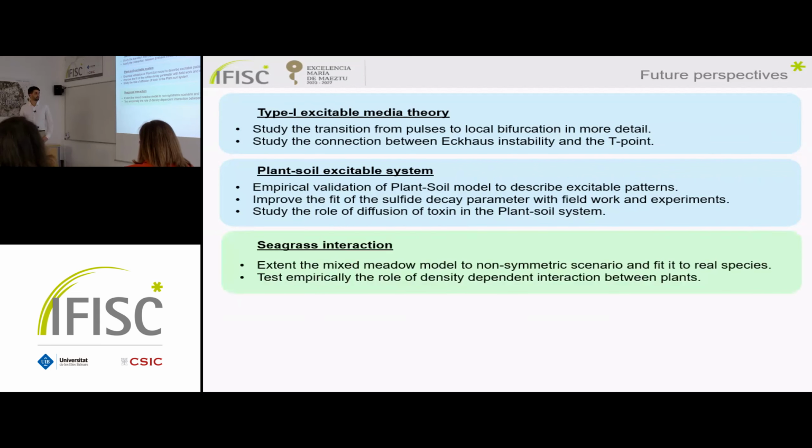For species interaction, one important point will be to try to expand our analysis to non-symmetrical systems. Also, to test empirically the role of density-dependent interaction between plants. I know that there are some people now doing this kind of studies, but I couldn't find too much in the literature.